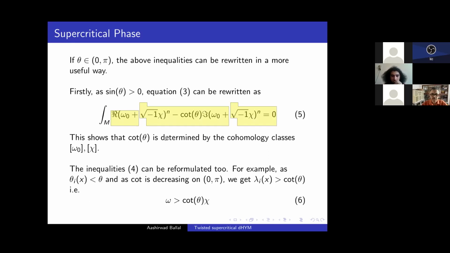And it also shows that cot theta depends only on the cohomology classes of omega naught and chi.